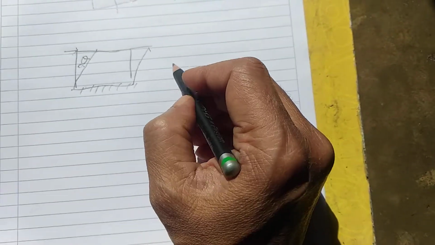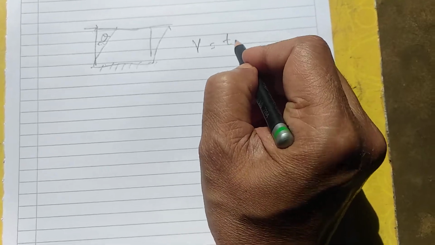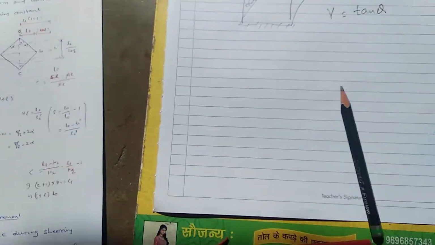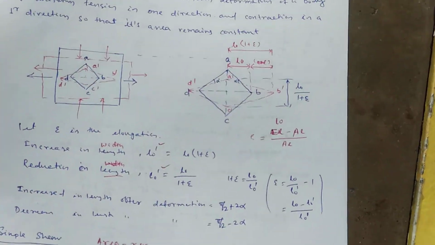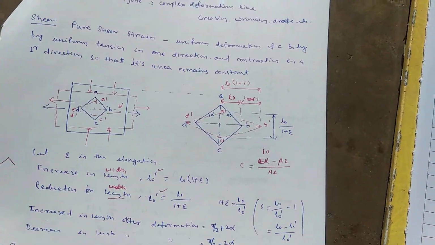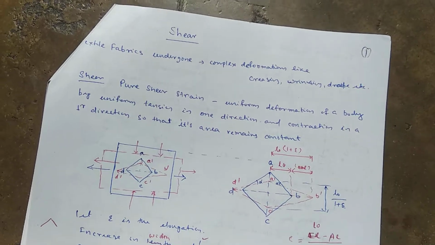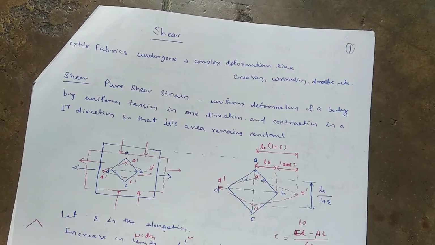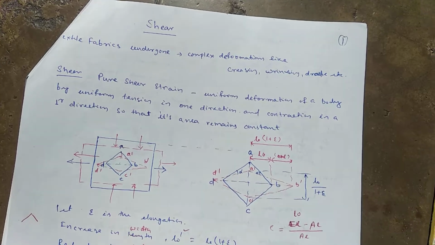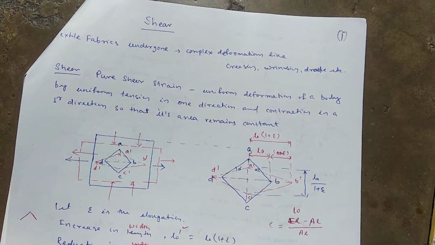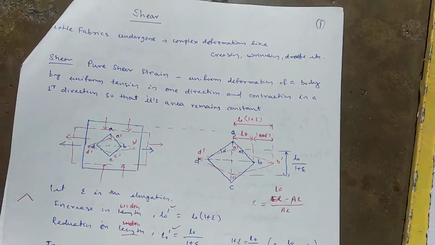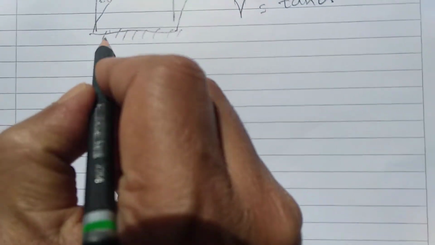The shear strain gamma equals tan theta, right? There is another type of shear, which we call pure shear. The pure shear strain is a uniform deformation of a body by uniform tension in one direction and contraction in the other direction, so the area remains constant. The earlier one was simple shear.